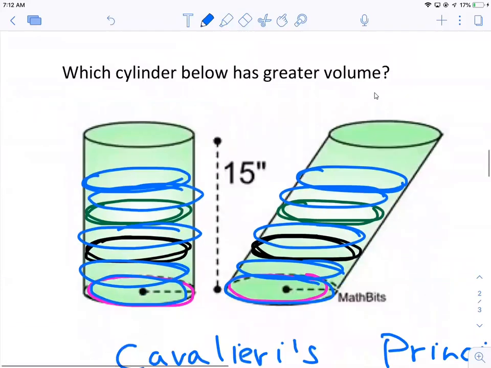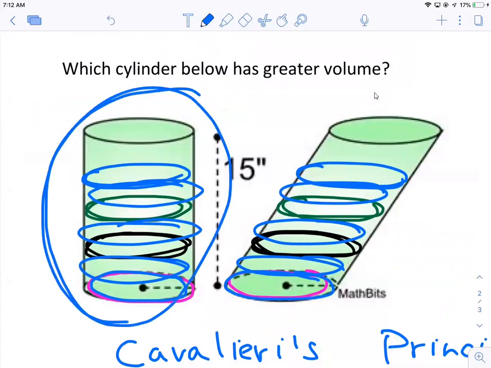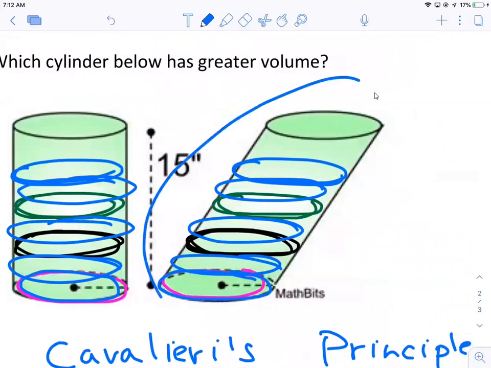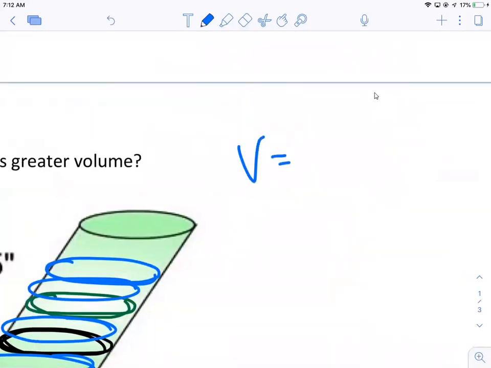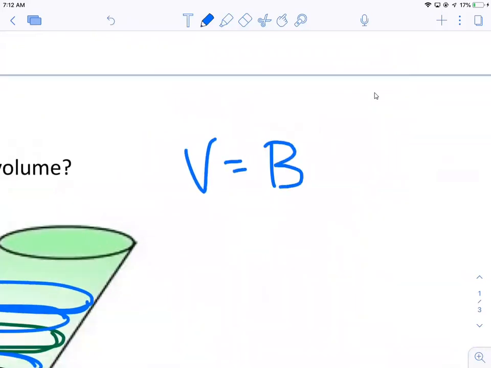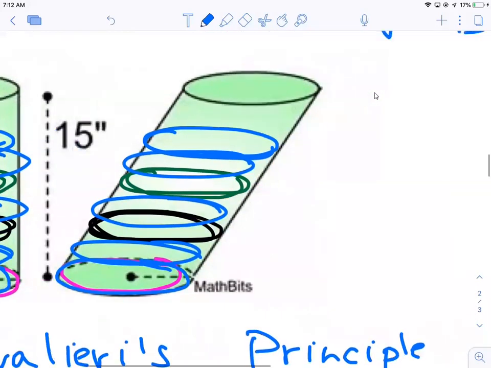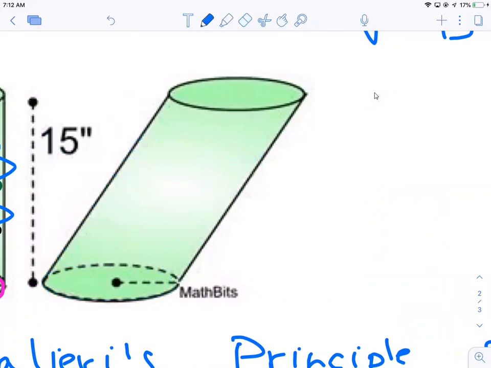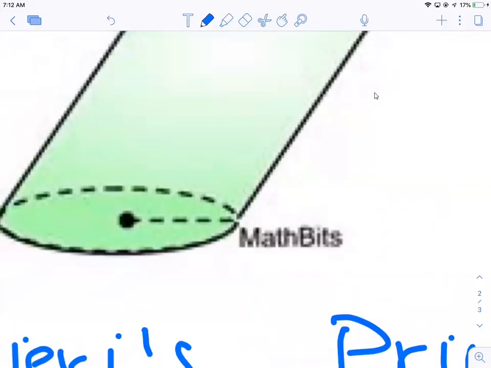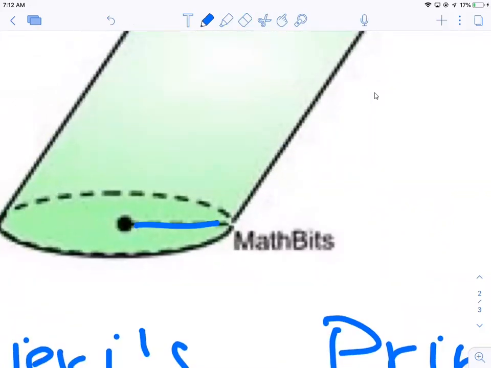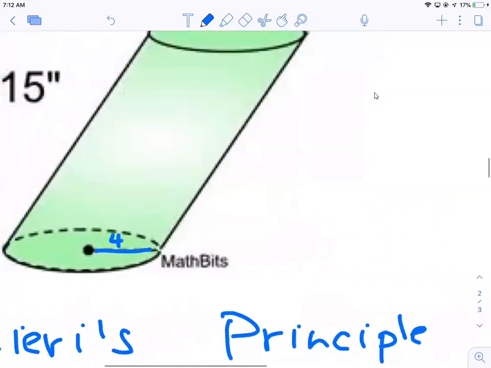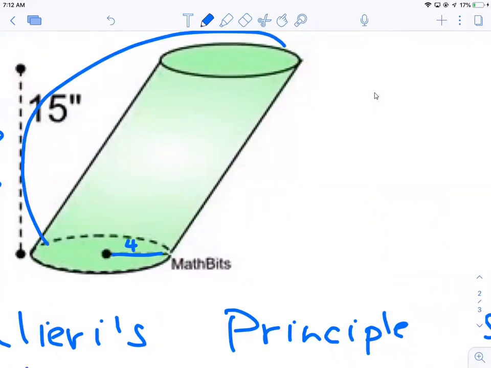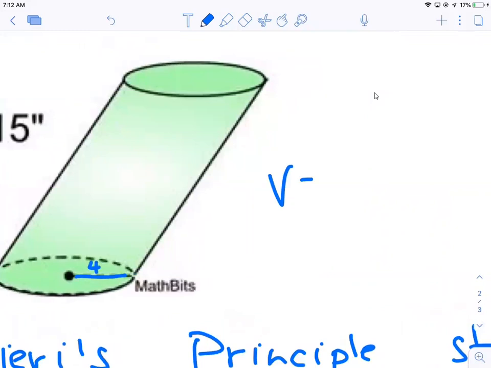So if you know how to find the volume of the cylinder, you know how to find the volume of the tilted cylinder. It's actually exactly the same, right? Volume for a cylinder, it's still going to be area of the base times the height. So let's say you were given this tilted cylinder. We're missing information here, but let's say the radius was, let's make it up, 4, right? If I wanted to find the volume of this guy now, the volume would be area of the base.